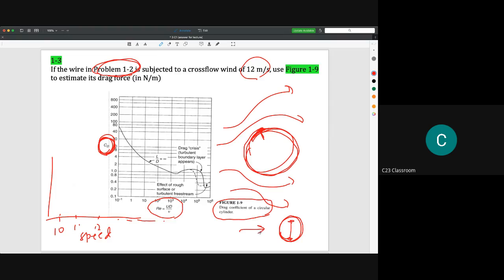That's why we use the Reynolds number, because we want to eliminate the effect of diameter and velocity. If we were not using the Reynolds number but using speed, for example 1 to 3 meters per second, then this chart would only be valid for a circular cylinder with a certain diameter, maybe only for 0.008 meter, because you need to be specific about the diameter when you give a specific value of speed.